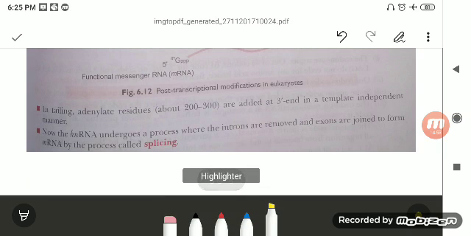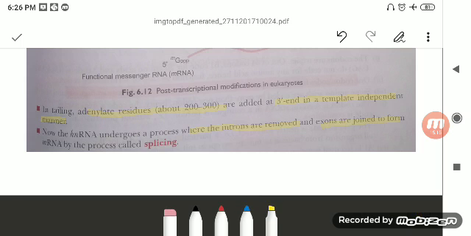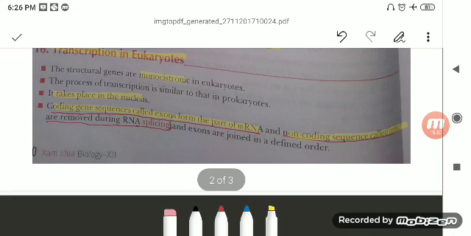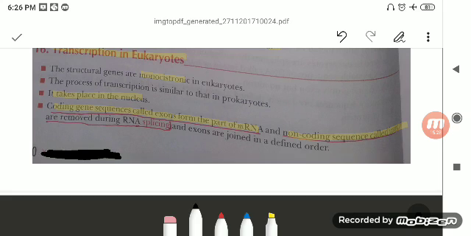In tailing, the adenylate residues are added at the 3' end in a template independent manner. After capping and tailing, they undergo splicing, where the introns are removed and exons are joined to form the functional RNA, and from the nucleus it enters into the cytoplasm, which helps in the formation of the new polypeptide, that is protein in nature.